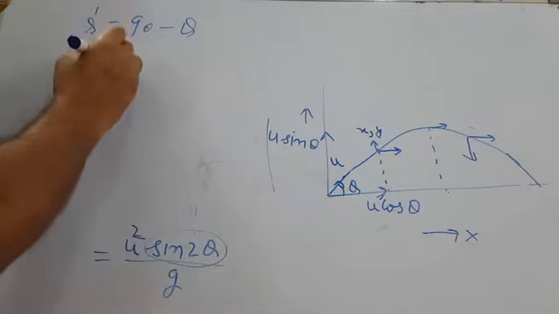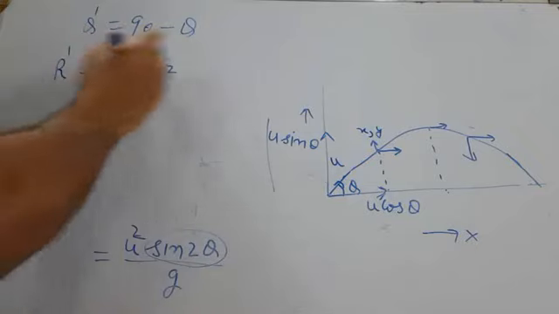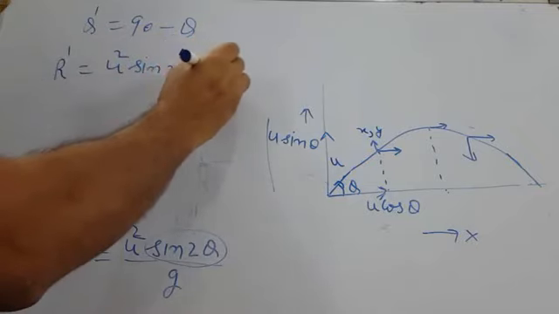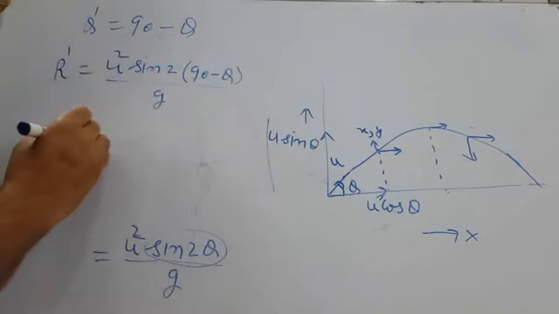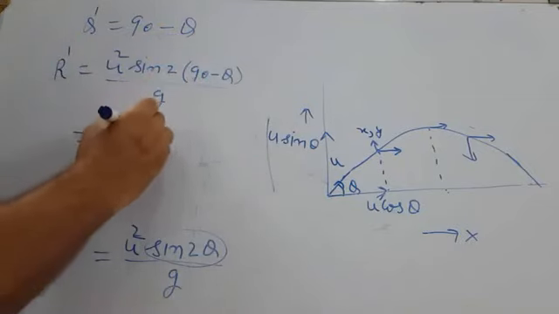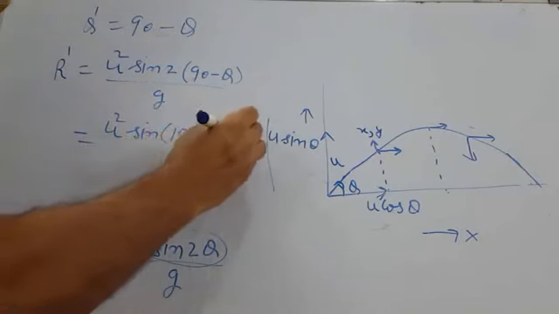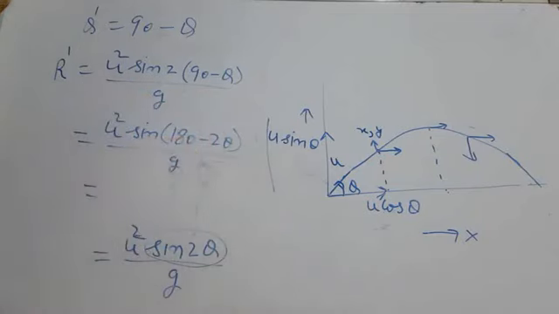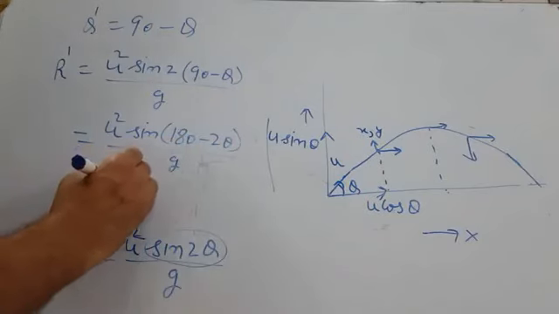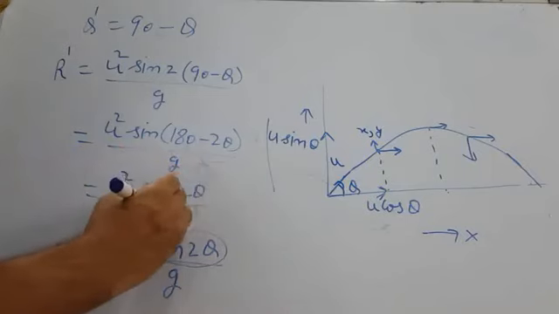R prime will be u square sine 2 theta prime upon g, and theta prime is 90 minus theta, so u square sine of 180 minus 2 theta upon g. Sine 180 minus 2 theta will be equal to sine 2 theta. So it will be u square sine 2 theta upon g.